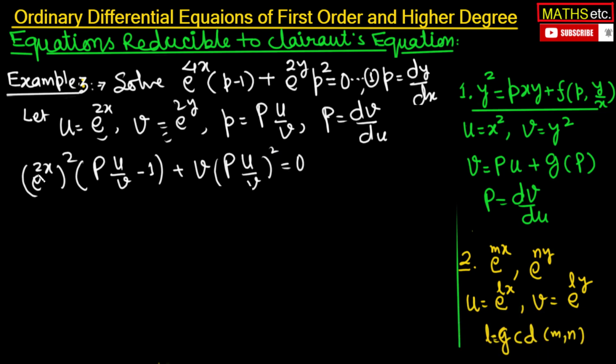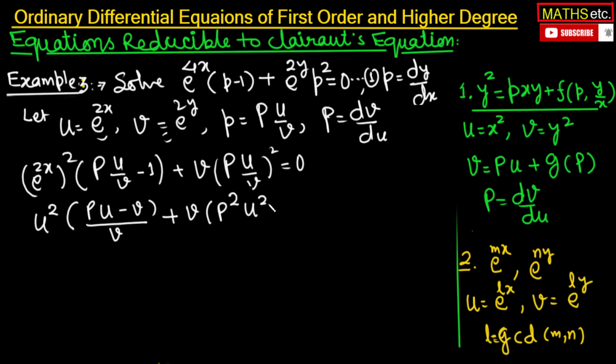Further simplifying, e raised to the power 2x we can replace by u, so this becomes u square, right? Let us take the LCM here, so this factor becomes pu minus v whole over v, plus v times p squared u squared over v squared, equals 0.